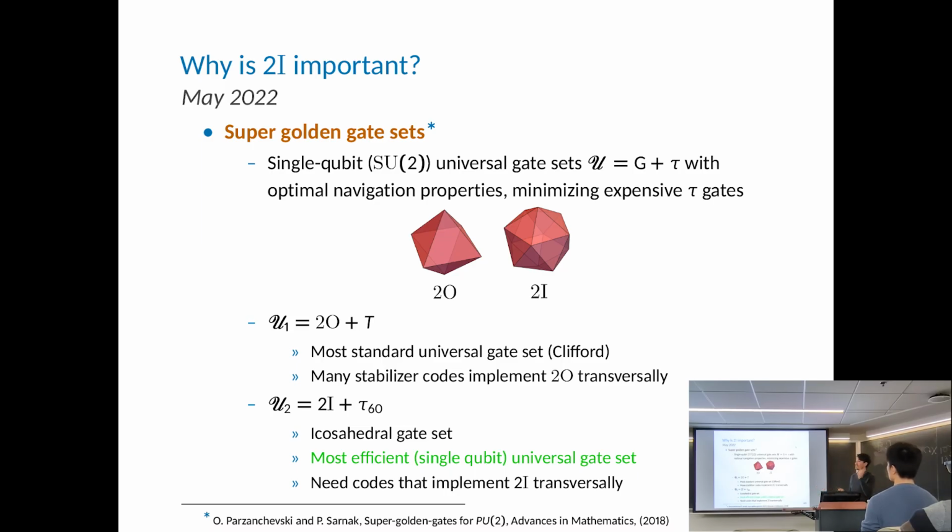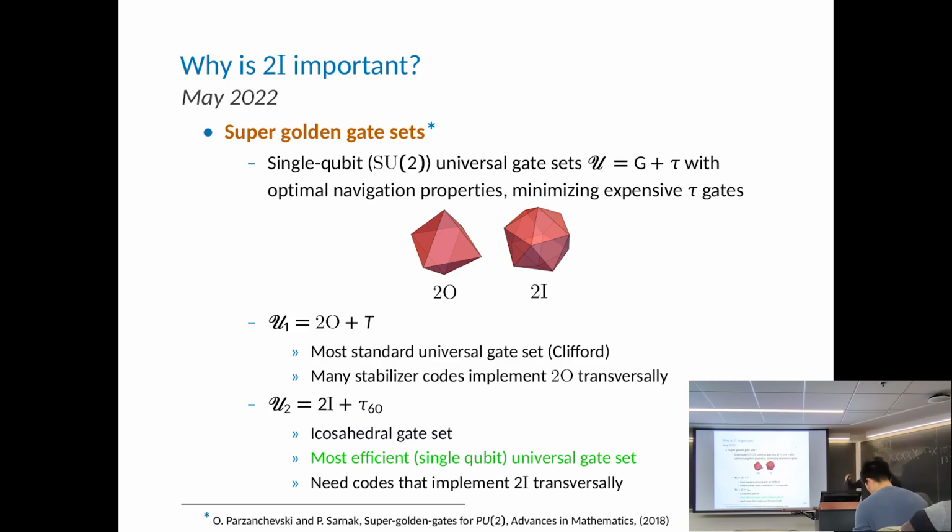So the name of the game is to pick that one other gate and use it as little as possible. It's almost free to use the transversal gates because they don't spread errors. But the moment you use that non-transversal gate, tau here, it starts causing all kinds of problems. So you want to minimize the number of tau gates. They're expensive in terms of fault tolerance.